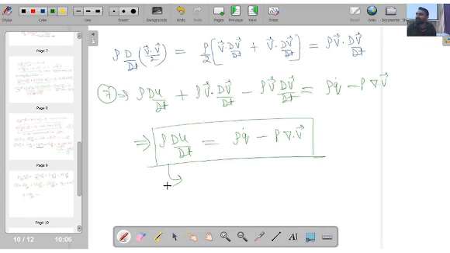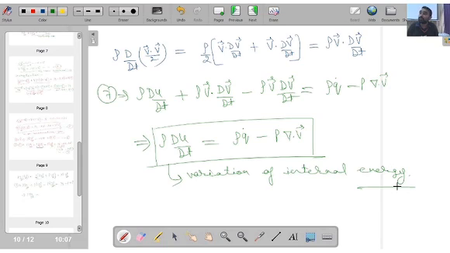Now this particular equation shows the variation of internal energy. So this is another important form of our energy equation.